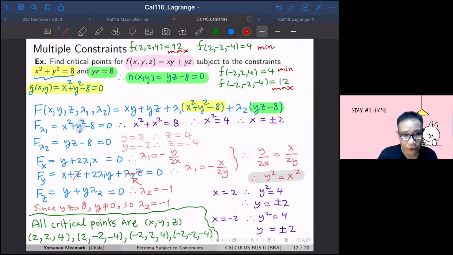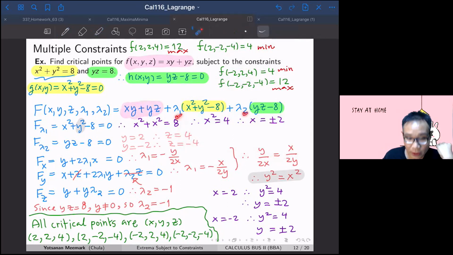So for multiple constraints, in my opinion, the idea turned out to be the same: you use your Lagrange function, and you just have multiple multipliers.